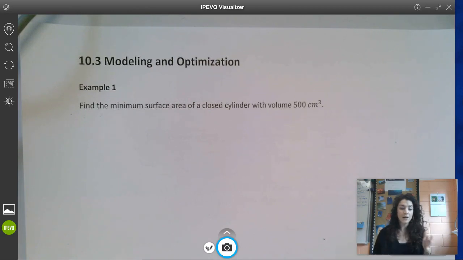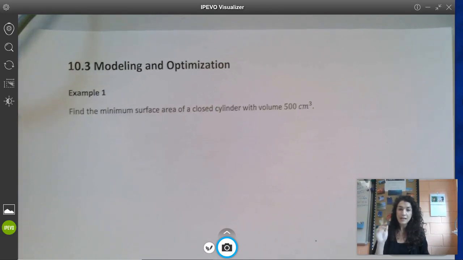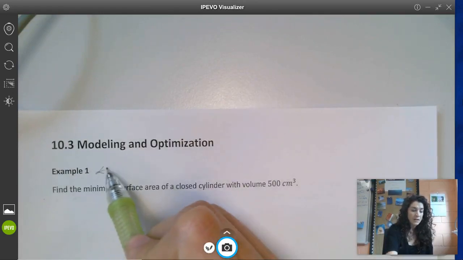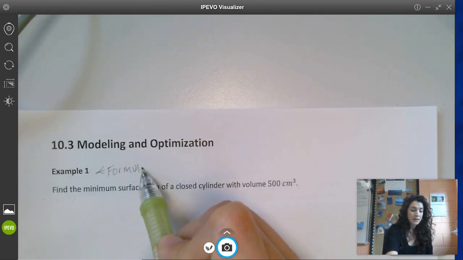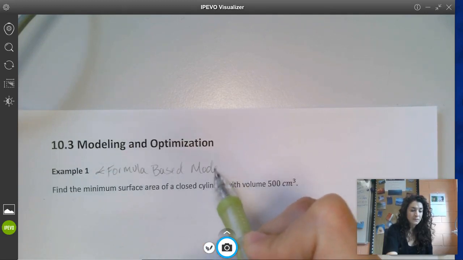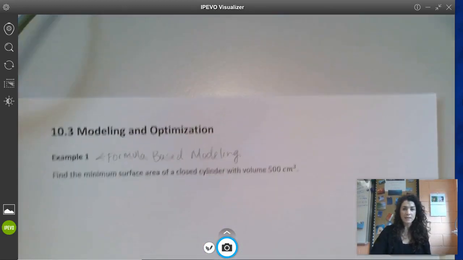And they have very different ways that we can create models. So remember that our two main ways to create models is either that we start with a formula. So example one is your formula based modeling, and we'll take a look at what that means.